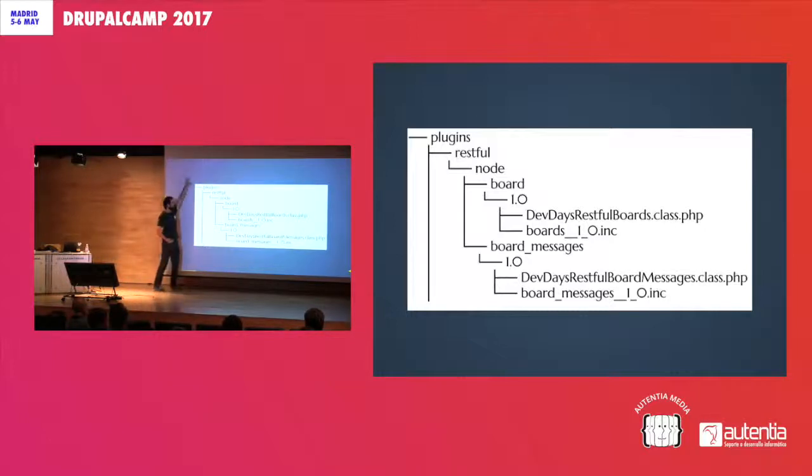This is inside your module folder, so it will be something like plugins, then Restful. This is optional. You don't have to have this structure, but we encourage you to use it, so it's better structured and you know where everything is.